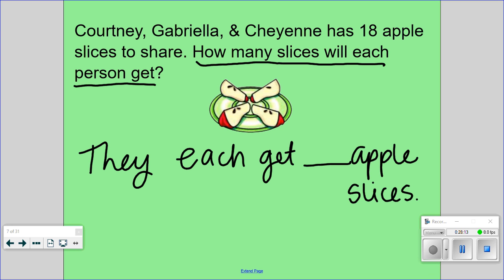How many slices will each person get? Each person will get blank slices. Brayden, I'm not convinced you're paying attention. Thank you. All right, I have my answer sentence. I know I'm counting apple slices. Let's go ahead and make my bar model.